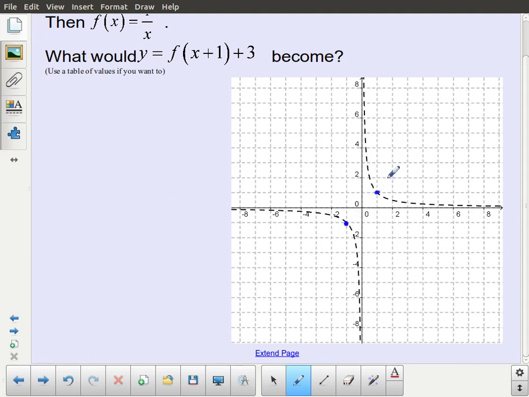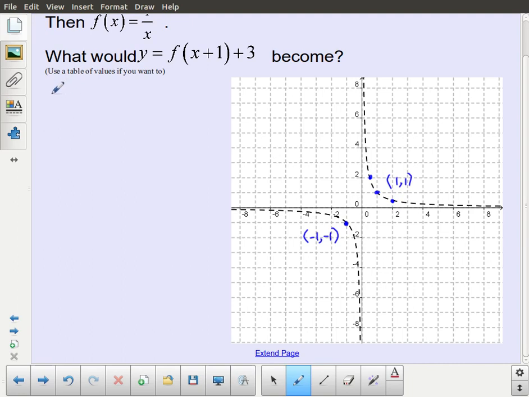So this has the point 1, 1, and this is the point negative 1, negative 1. So we can transform those, but it's really not enough.